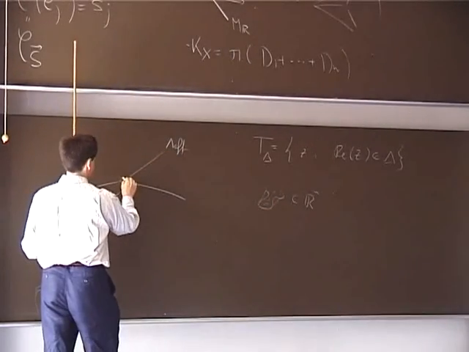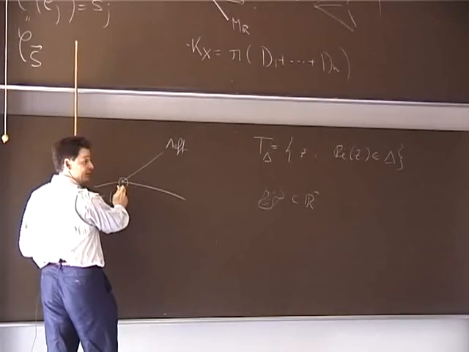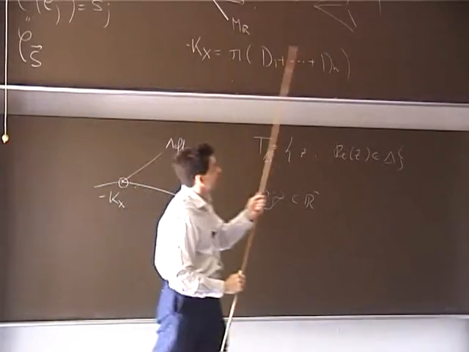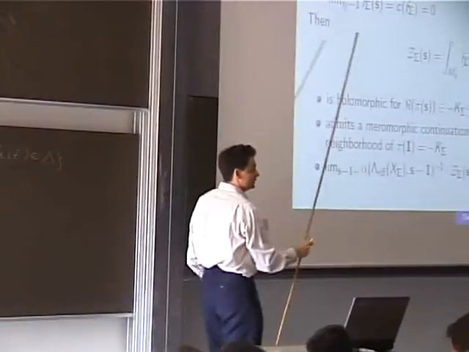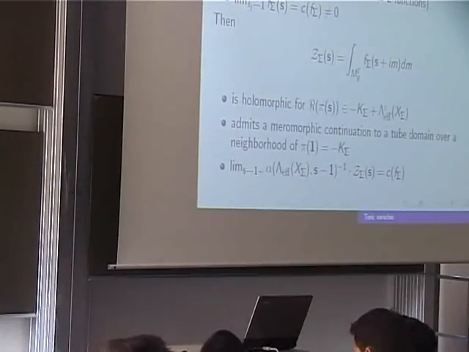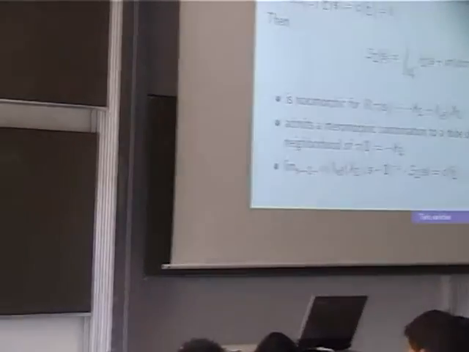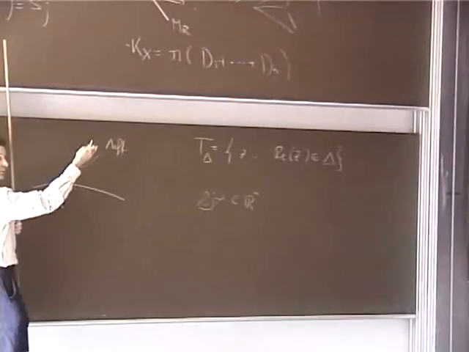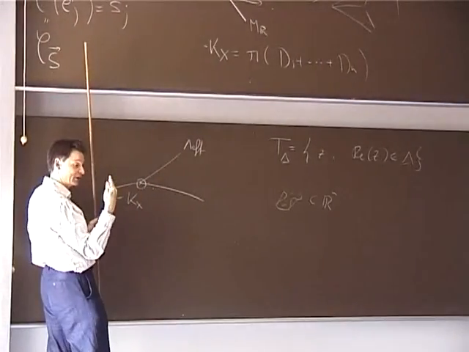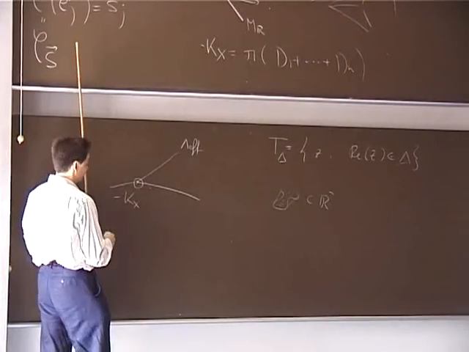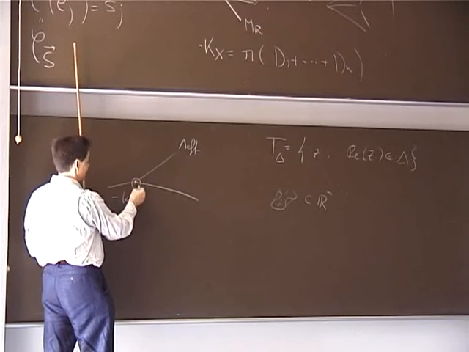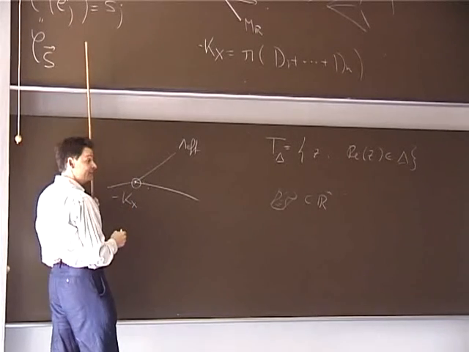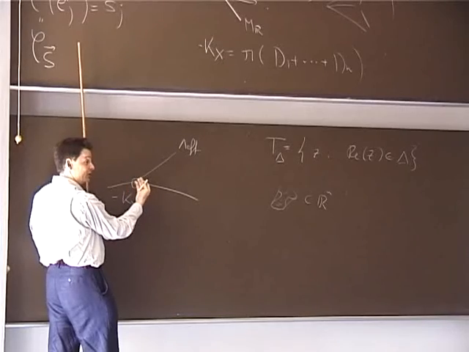So what are we doing? We are working in a tiny little neighborhood of the point s1, s2, and so on. Alright? And we're going to get meromorphic continuation with poles described by this alpha function, with a complicated arrangement of hyperplanes in a small neighborhood of this point, the minus k point, and then to the tubular neighborhood.